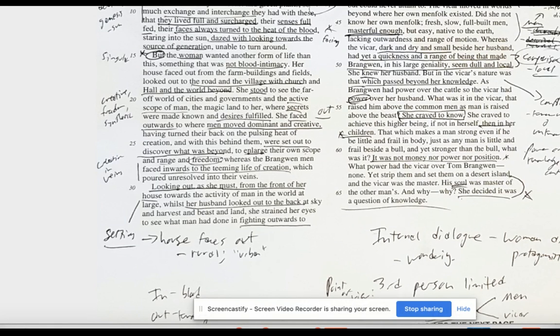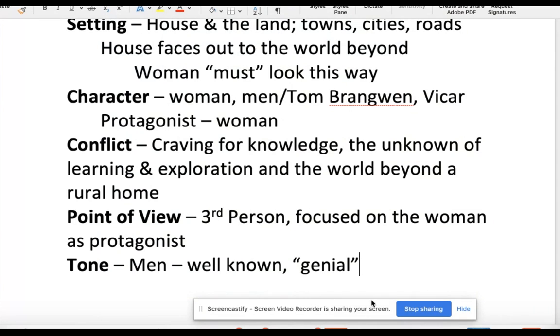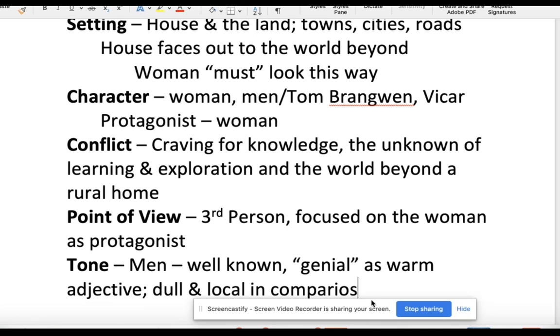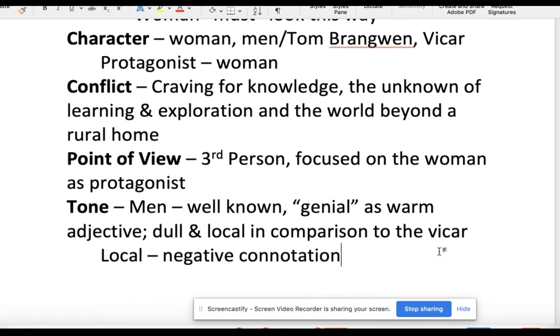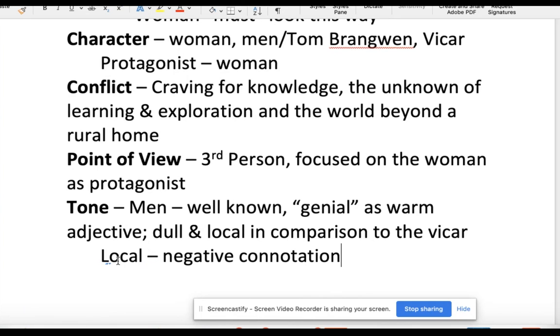Yeah, but which is a sort of warm adjective to describe him, but also dull and local in comparison to the vicar. And it's interesting to me that local gets that sort of negative connotation, that feeling of a negative descriptor.